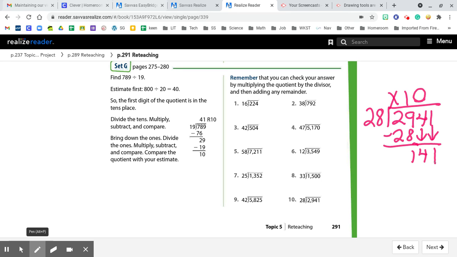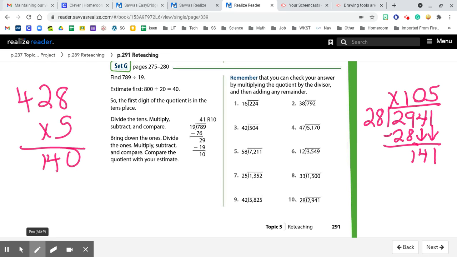So 28 goes into 141. 30 will go into 141 about 5 times. Let me double check. Oh, perfect. So it's 105, remainder 1.